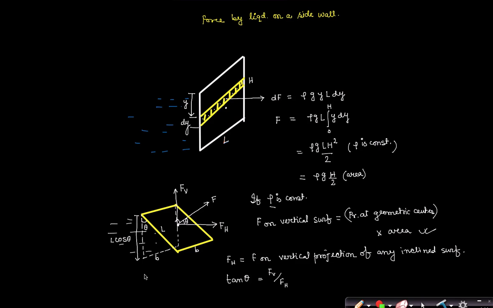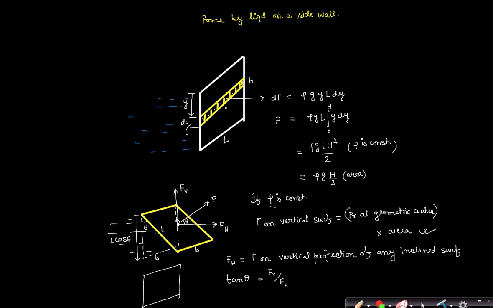Now you can find the force on this rectangle which is having an area of B into L cos theta. Okay, sir. Right? It is only a vertical projection. If you project light from this horizontal direction, then whatever is the shadow on vertical plane is the vertical projection. Have you got it? Yes, sir.